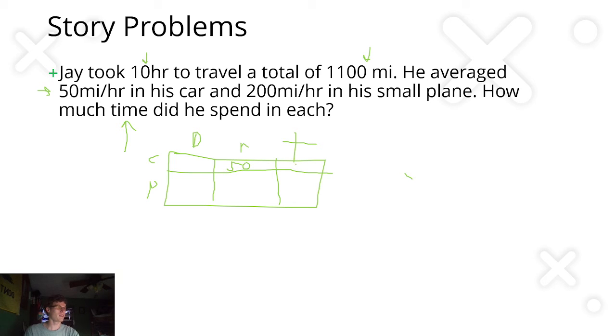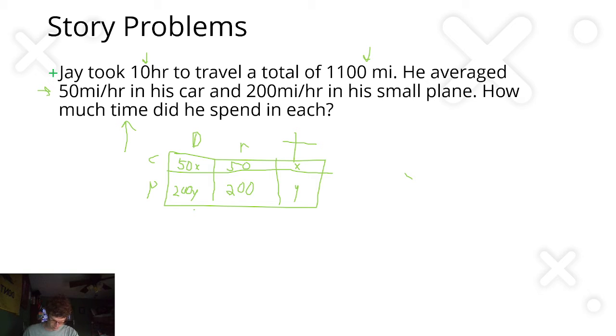The time is what we don't know, so that's x. x is going to be the car time. And then 200 miles an hour for the plane. We're going to make y the plane time. Remember, distance equals rate times time. So the car distance is going to be 50 times x, and the plane distance is going to be 200 times y.